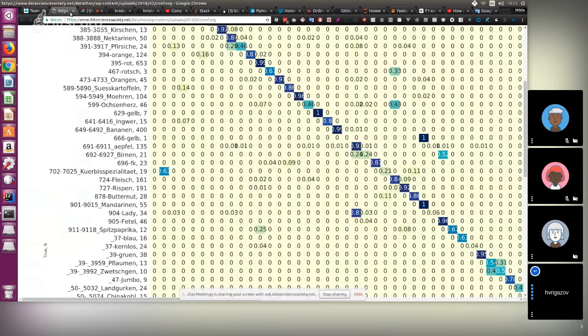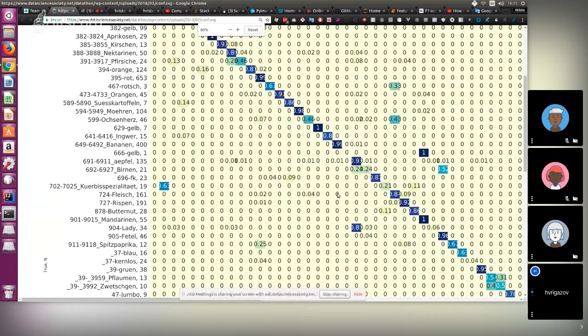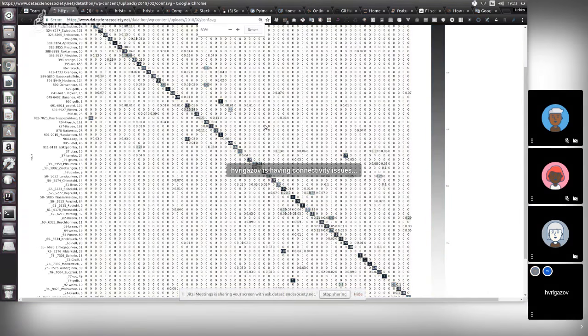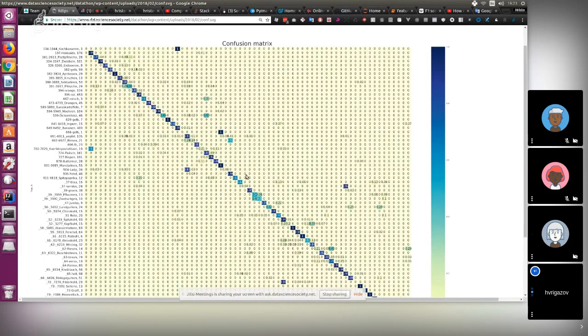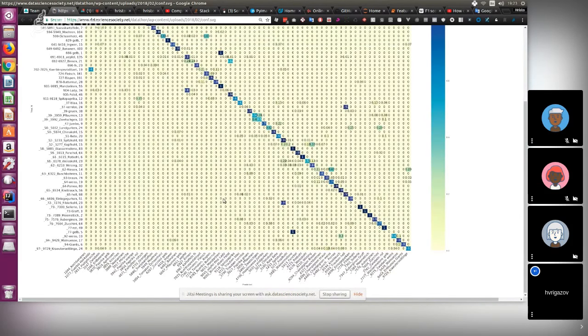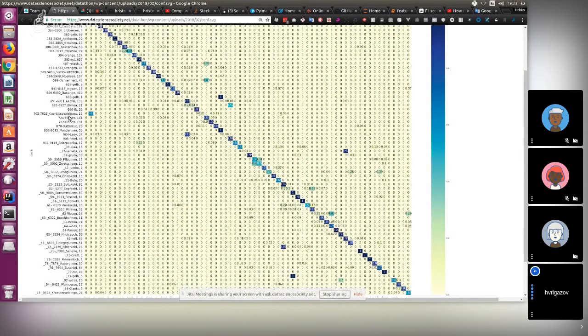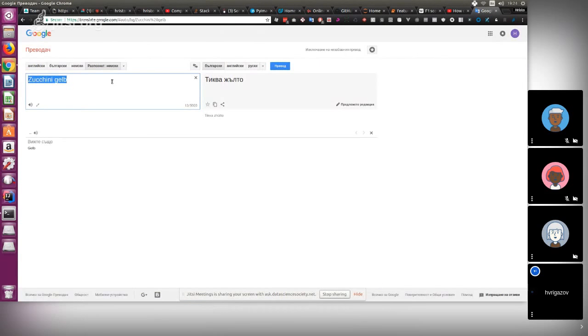Let's just have a look at the confusion matrix while we're waiting. Those bananas. I mean, there are also different types of, what was it called? Gelp. I don't know what that is. I don't know if that's even the right way to pronounce it.